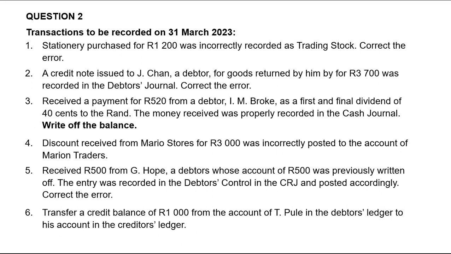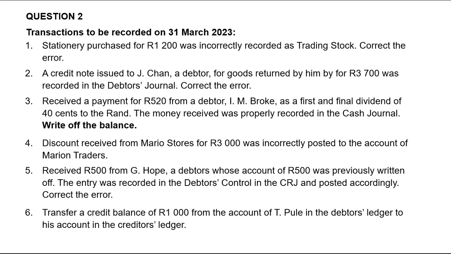Number 1 says that we purchased stationery for 1,200. And the purchased stationery was incorrectly recorded as trading stock. We need to correct the error.